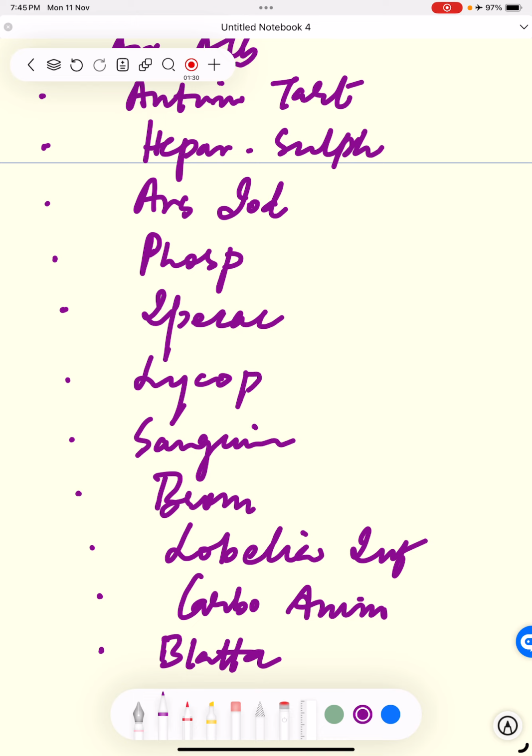So in different potencies, as is the requirement of the case, these remedies can be advised.